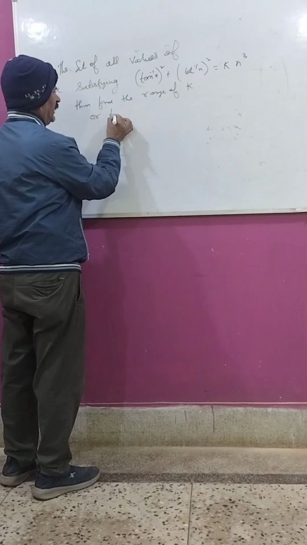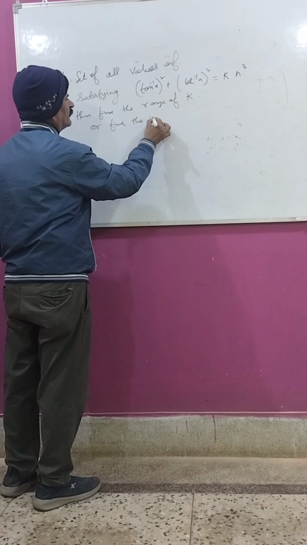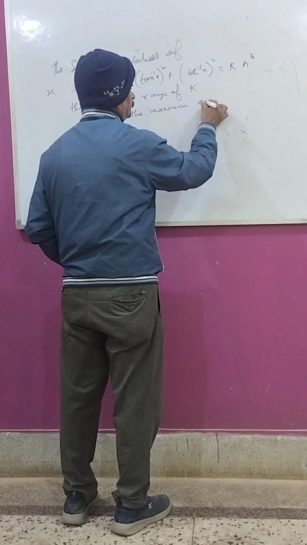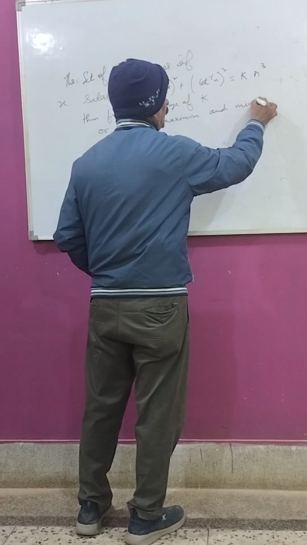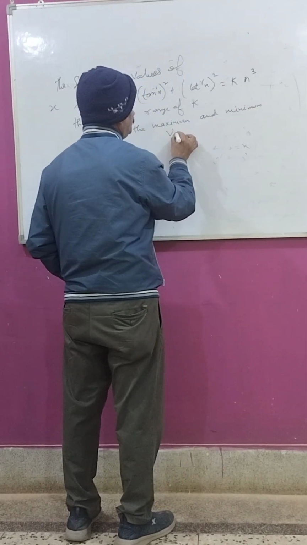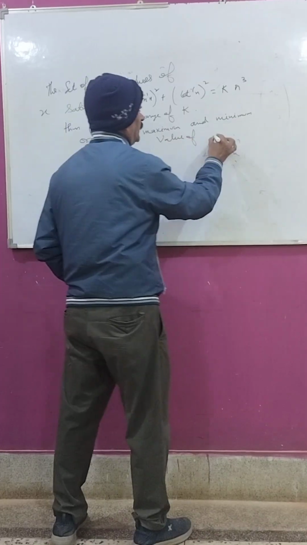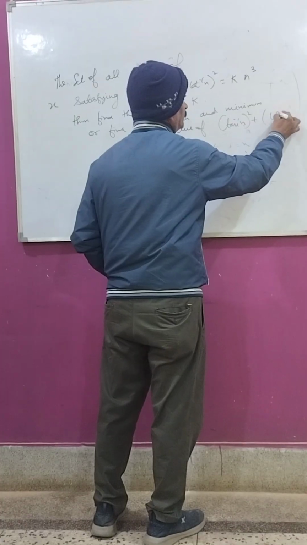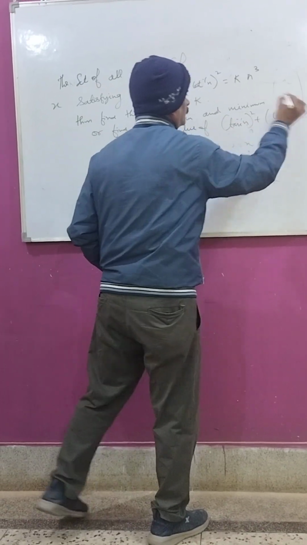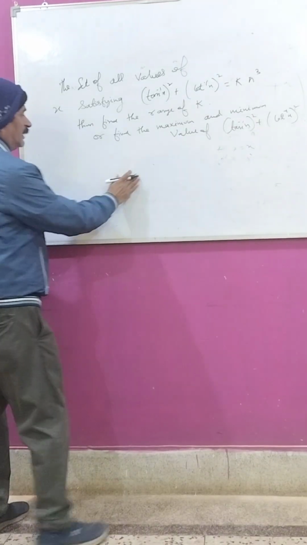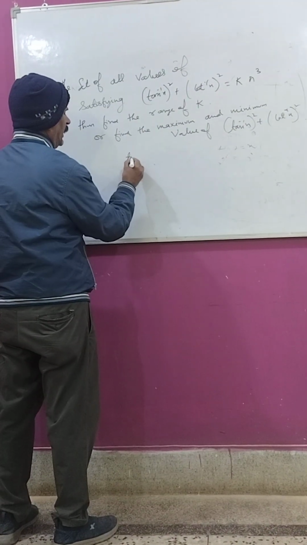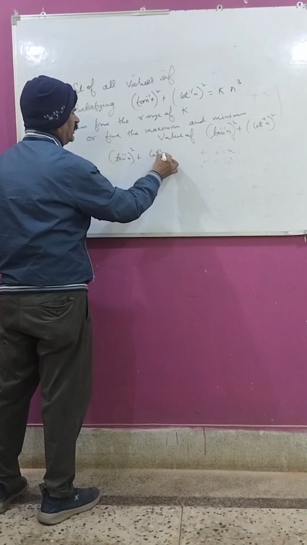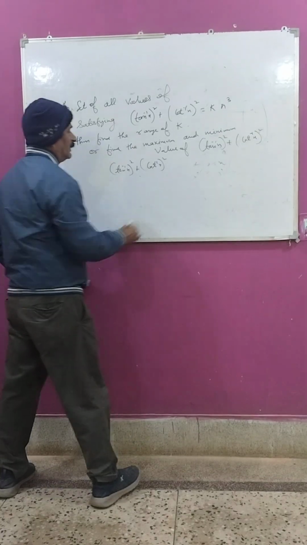Another question we can ask: find the maximum and minimum value of tan inverse x squared plus cot inverse x squared. Now see here, we have tan inverse x whole squared plus cot inverse x whole squared.